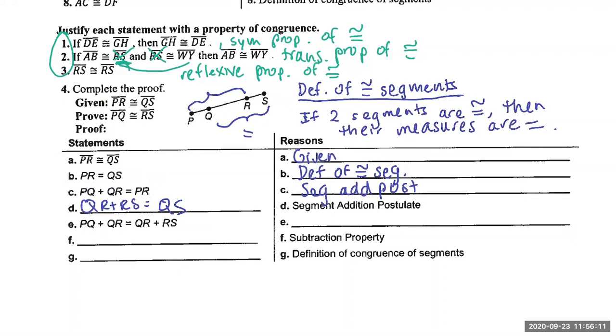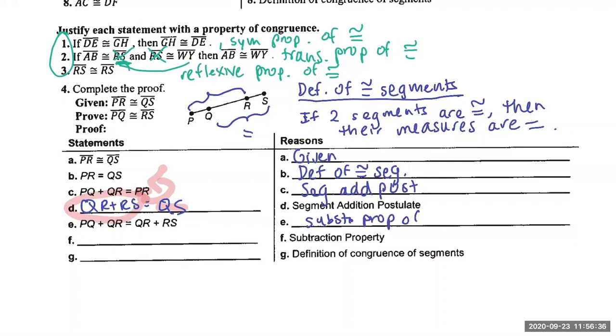Yes, it's substitution property. Symmetric would just be like x equals 6, then 6 equals x. It just reverses the order. It's substitution because you're removing, let's say you know this is congruent to this, you're removing those and then replacing this in that spot. Okay, so substitution property.